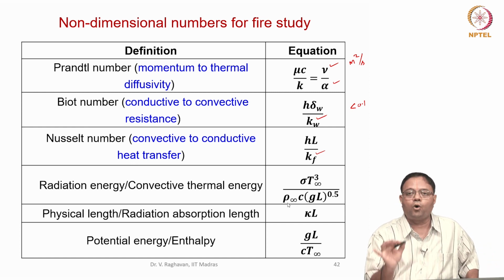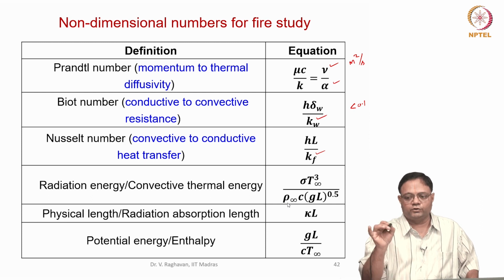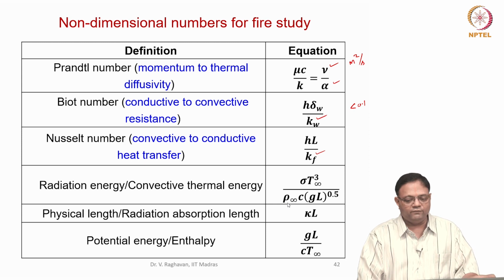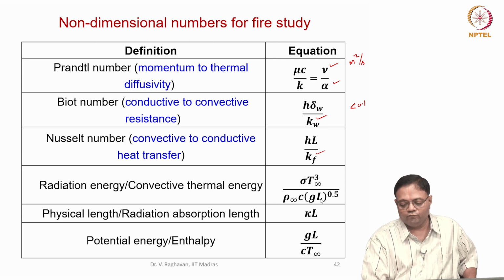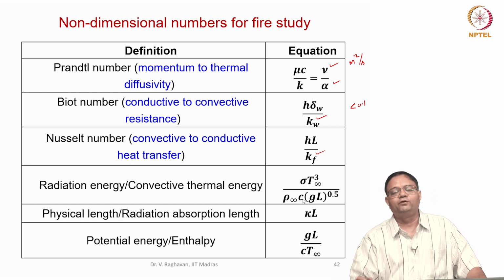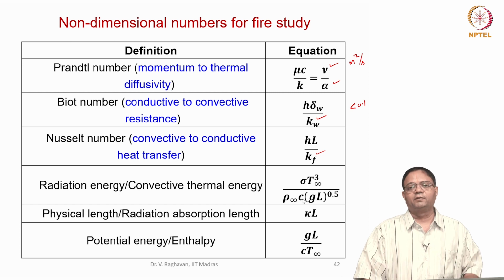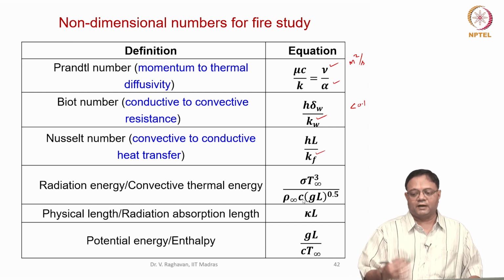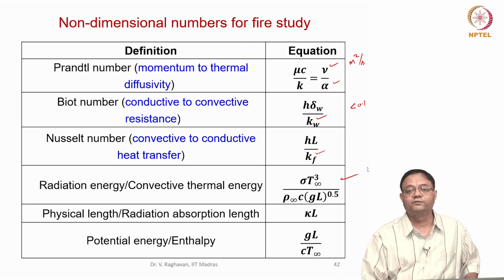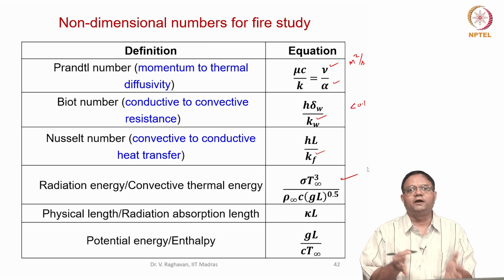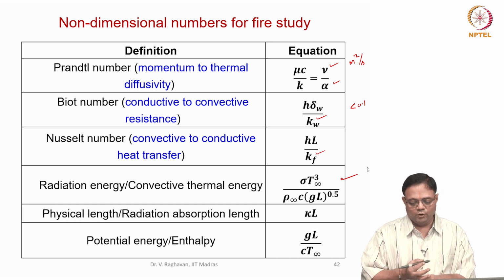So see, rho into A, area of cross section, into velocity will be the mass flow rate. When you divide by the area, you will get the flux. So rho into velocity will give you the mass flux, kg per meter square second, into C. That into T will give you the convective thermal energy. Do you understand? So radiative thermal energy divided by the convective thermal energy is a useful parameter for us, where you will determine the strength of the radiation and convection in a given scenario.